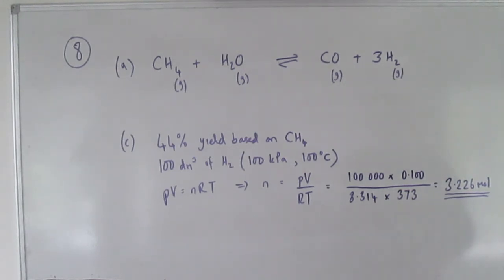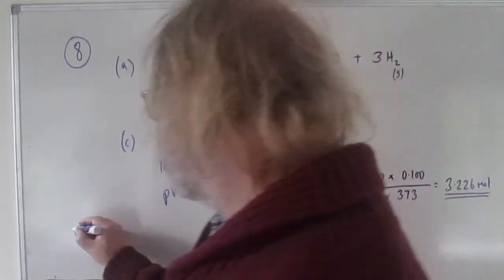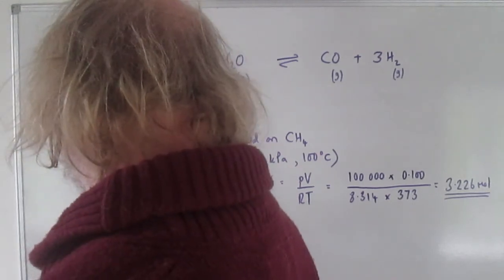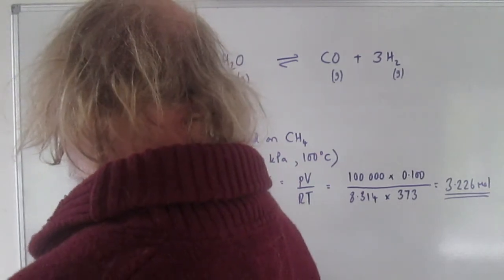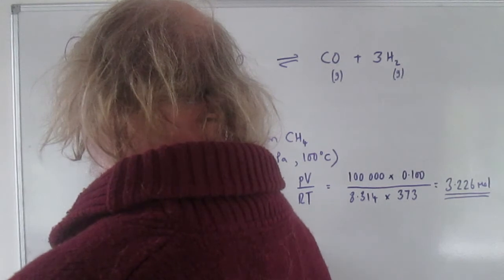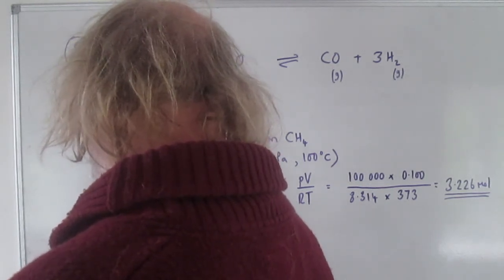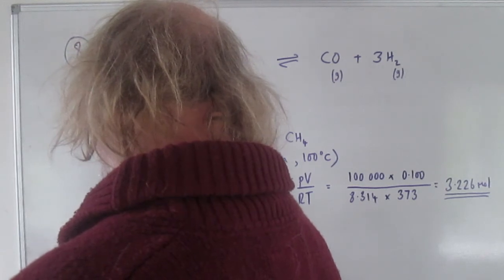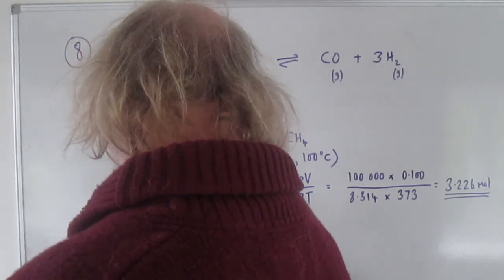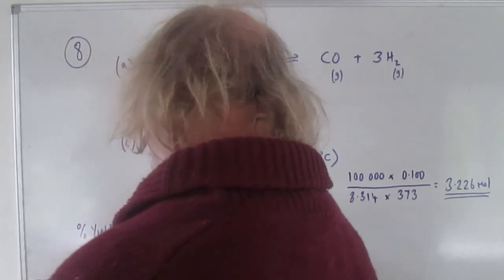So the next step is to calculate how many moles of methane we would therefore need by taking account of the percentage yield. So we write down the definition. Percentage yield is actual moles over theoretical moles times 100.